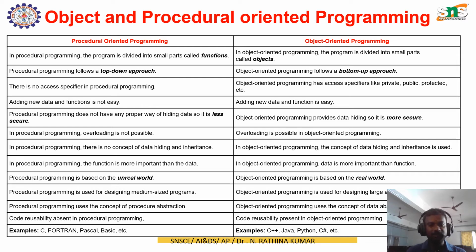Then procedure-oriented does not have any access specifier, whereas object-oriented programming has access specifiers like public, private, protected, etc. So it is less secure because it doesn't have any access specifier. Object-oriented programming provides more security because of data hiding and other features. So these are some of the differences between procedure-oriented and object-oriented programming.